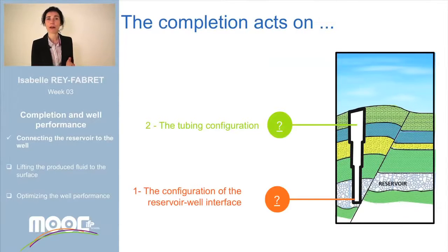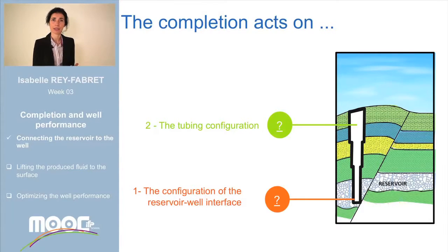The completion program defines the equipment to be installed in the well at the end of the last drilling phase. More particularly, it has to determine the kind of connection to be used between the reservoir and the well at the well-reservoir interface, and also the equipment installed to lift the fluid produced from the bottom of the well up to the surface.